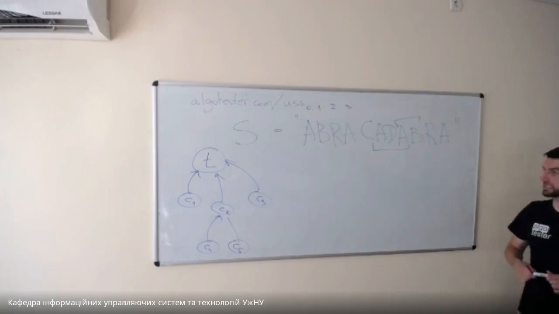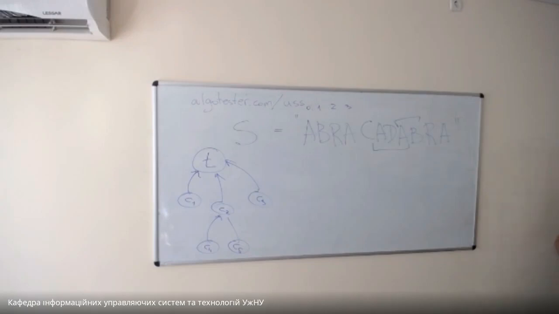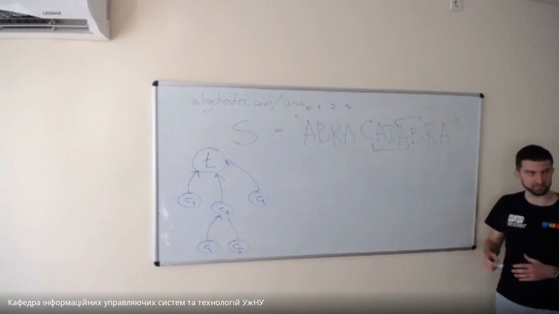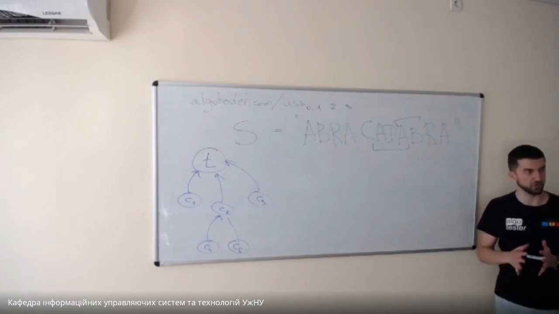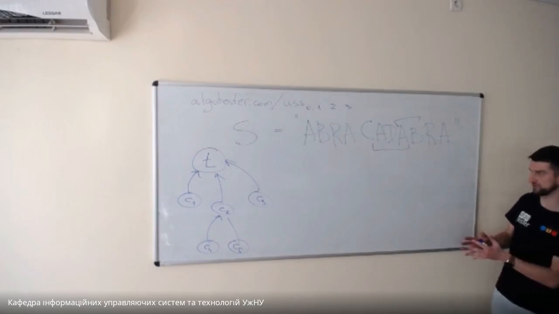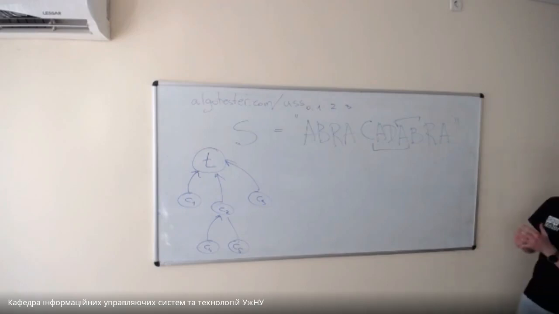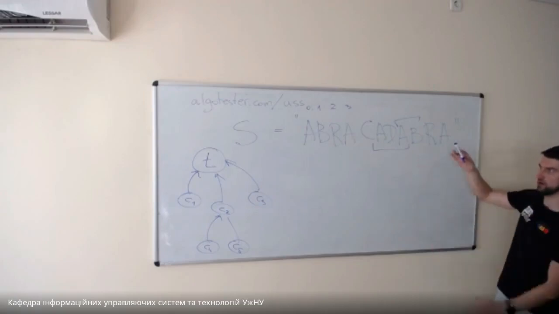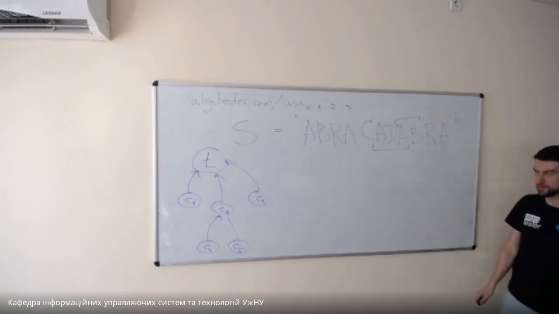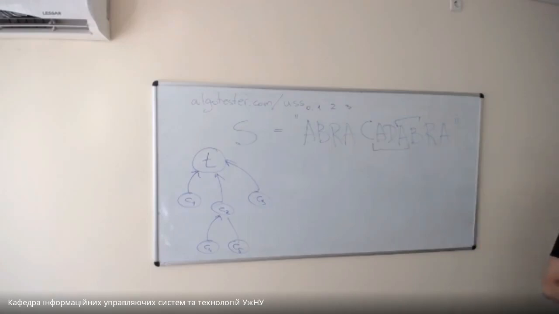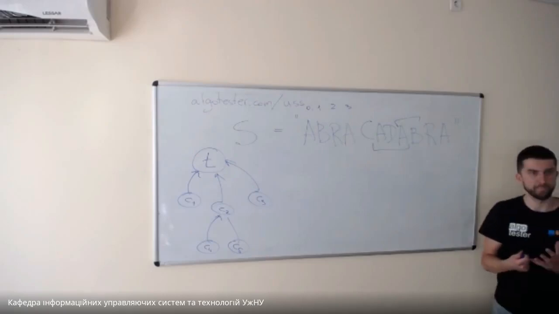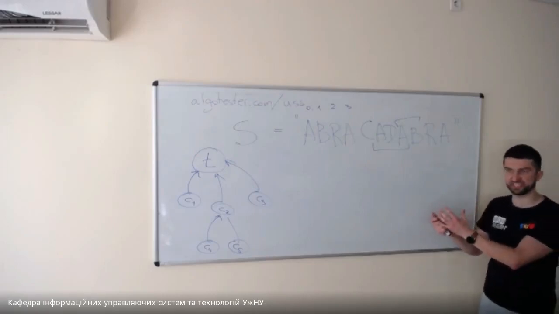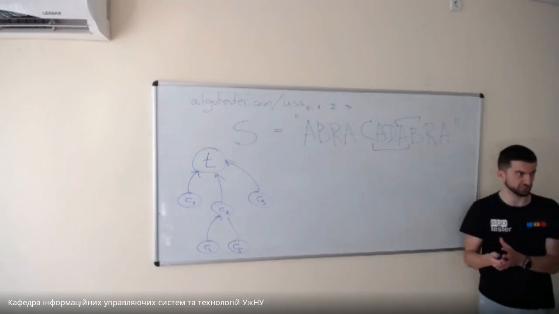So let's recap everything before continuing with the actual algorithm of how to construct a suffix tree. We consider all the substrings of the initial string S. We group these substrings by the set of ending positions.